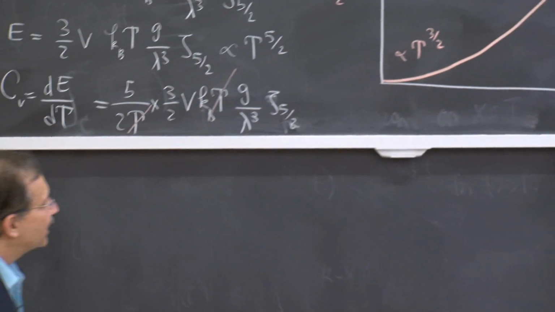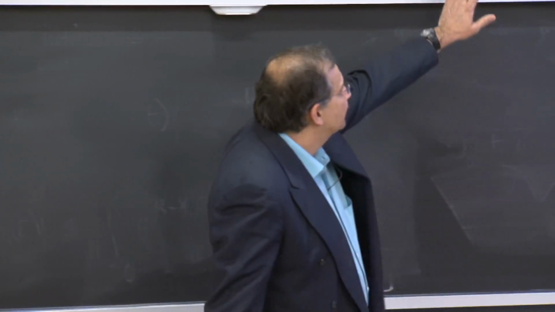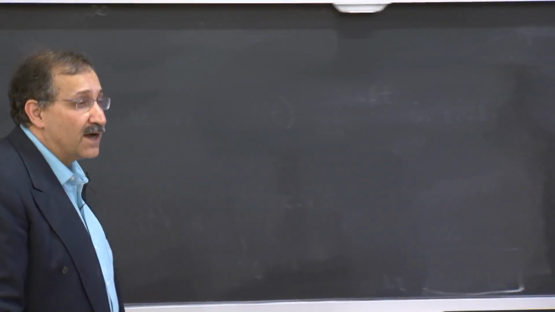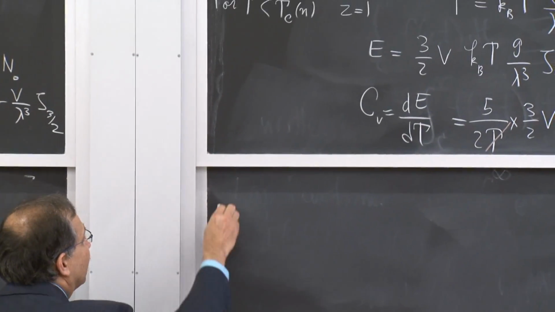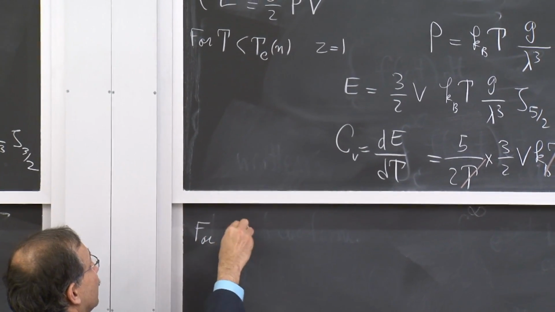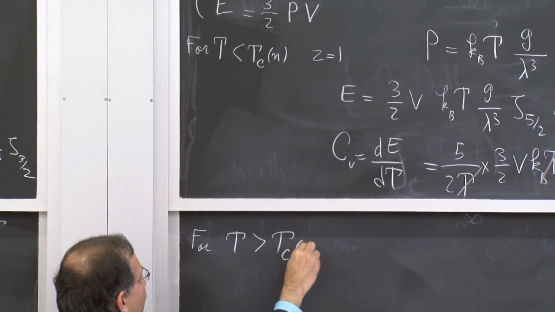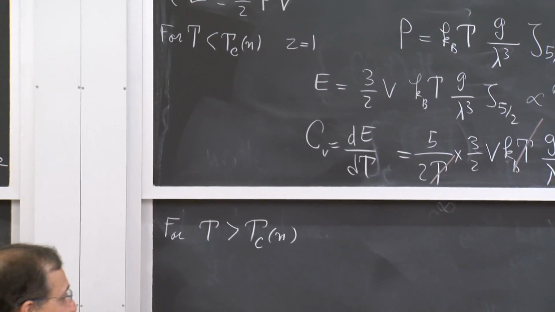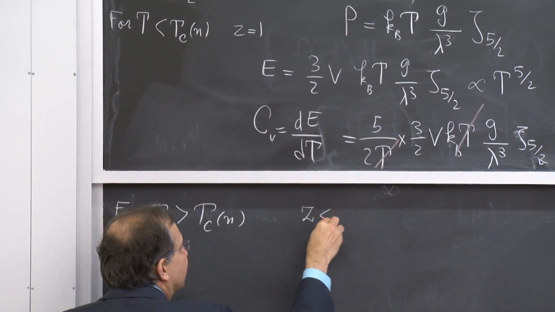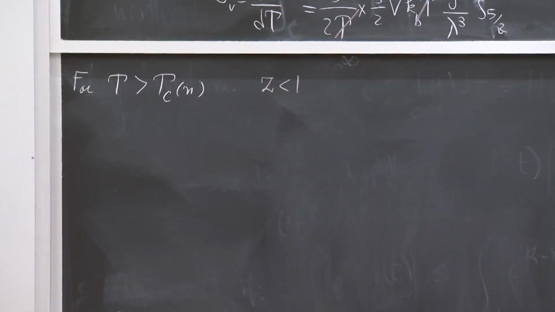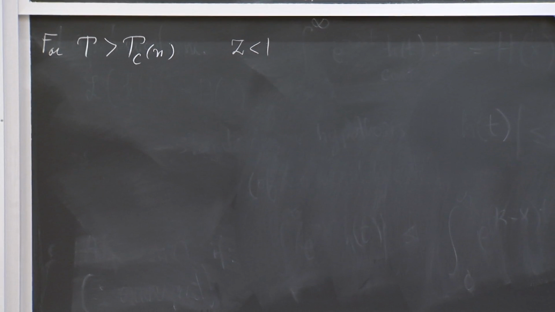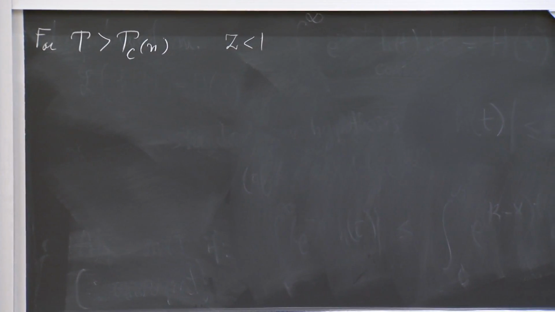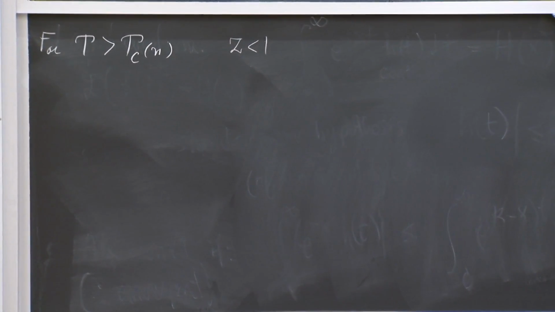Well, in order to calculate the heat capacity on this side, you have to do a little bit more work. You can no longer assume that z equals 1. z is something that is less than 1 that is obtained by solving N equals g over lambda cubed f 3/2 plus of z. Okay?